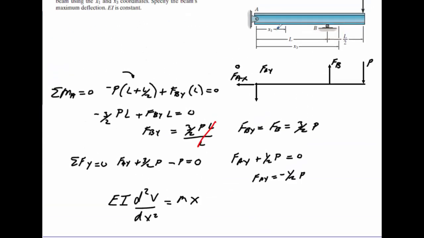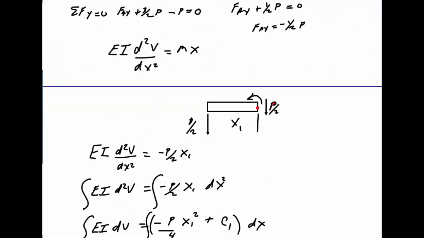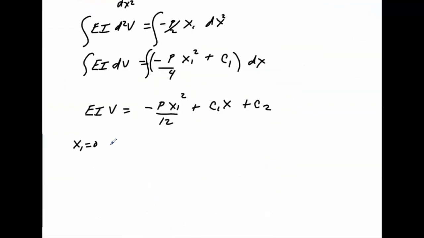We let x1 be 0, we're going to get no deflection at this point. It's supported, so there's no deflection taking place. So we can say x1 is equal to 0. Then we know that v is equal to 0.